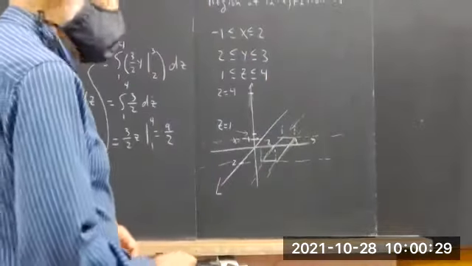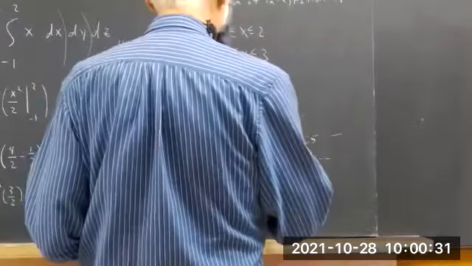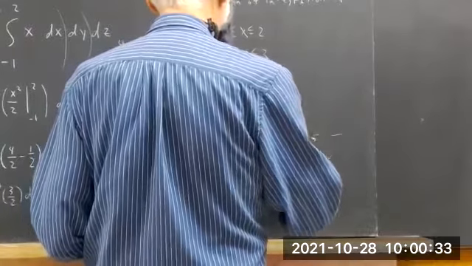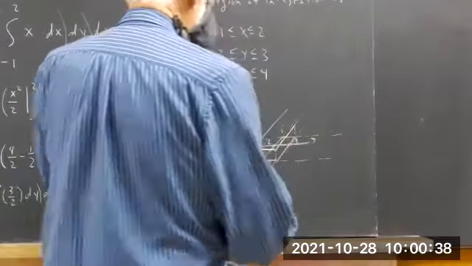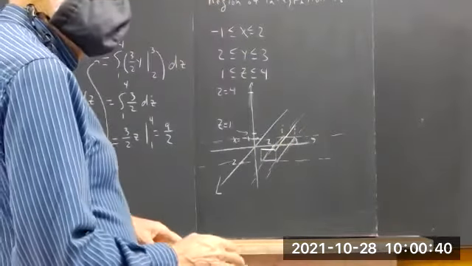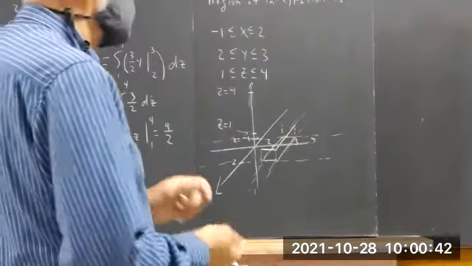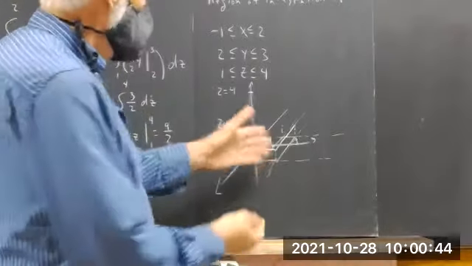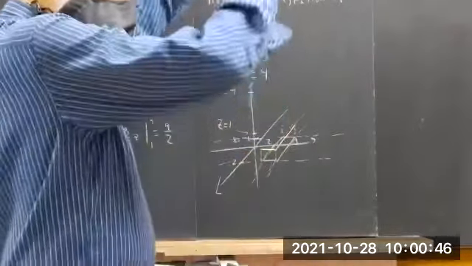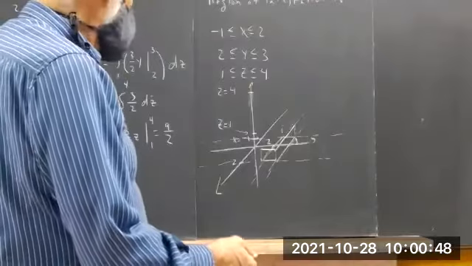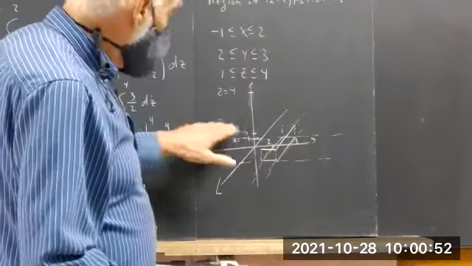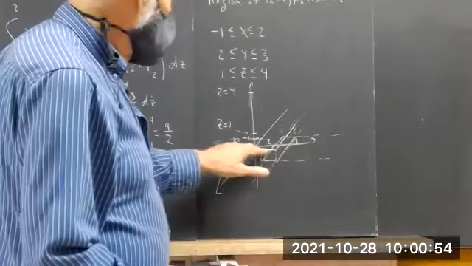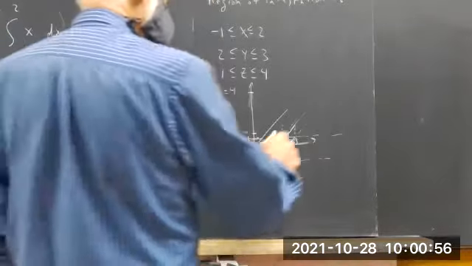Okay. And here's where a region in the XY plane, or actually a three-dimensional region above this rectangle, infinite above and below, like an infinite prism, gets cut by the plane Z equals 1 along these lines.